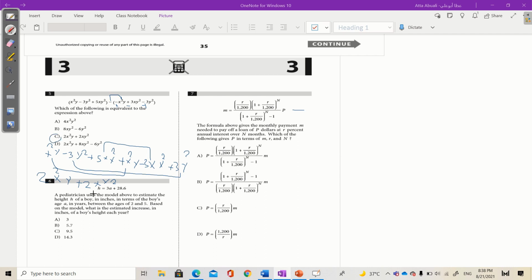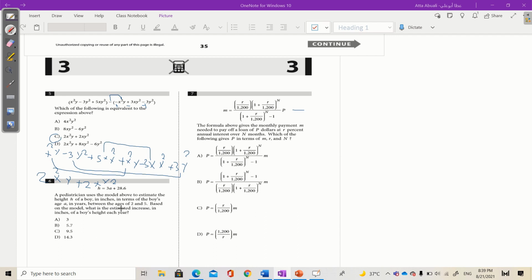Okay. Now, a pediatrician uses the model above to estimate the height h of a boy in inches in terms of the boy's age A in years.